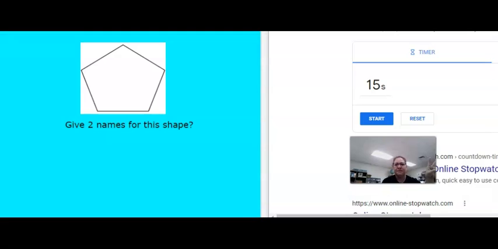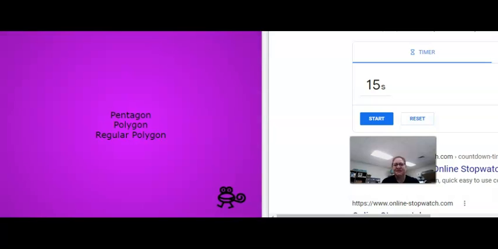Give two names for this shape. You could have called it a pentagon, a polygon, or a regular polygon.